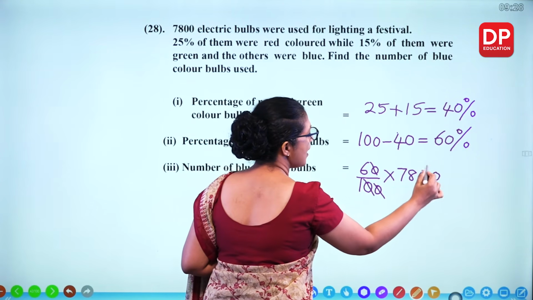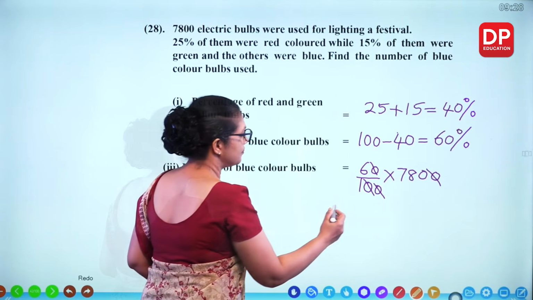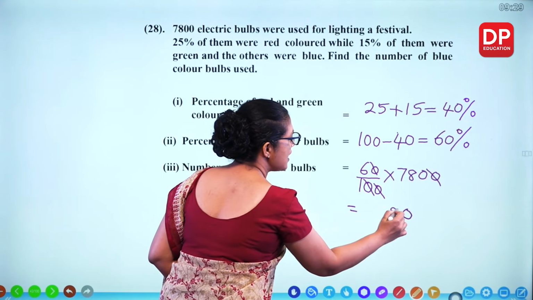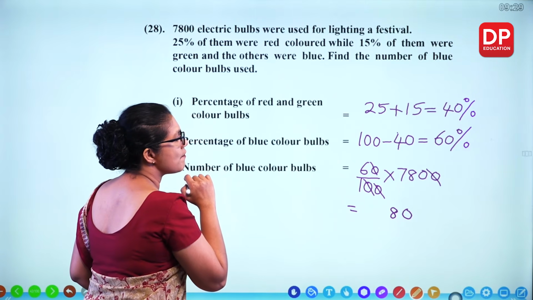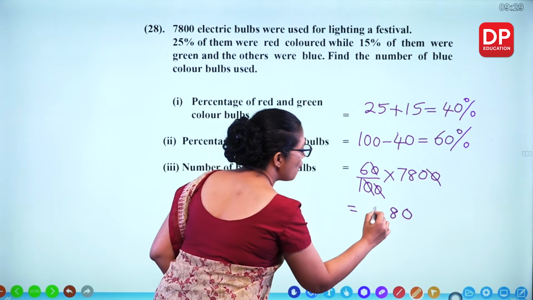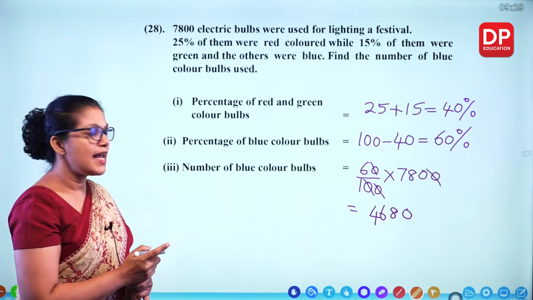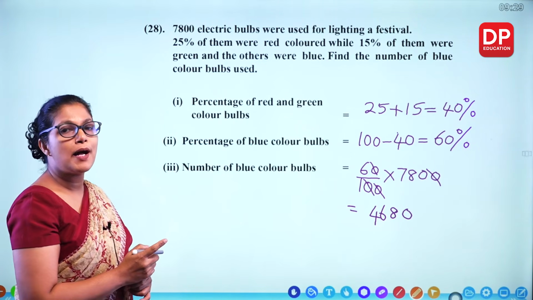So divide by this. So 6 times 0, 6 times 8, 48, and 6 times 7, 42 plus 4, 46. So that means 4,680 blue colored bulbs are there.